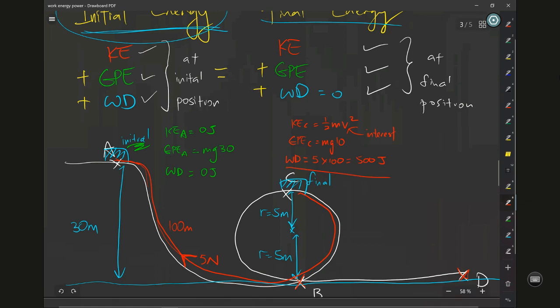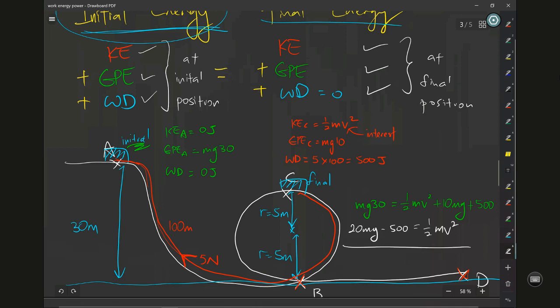Let's sum it all up. What we have will be mg30 equals half mv squared plus 10mg plus 500. With this we can solve. Then you have 20mg minus 500 equals half mv squared.